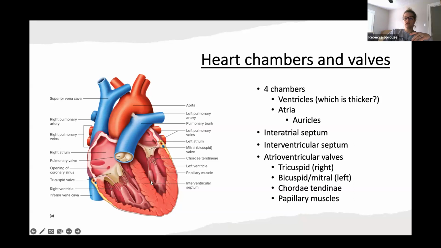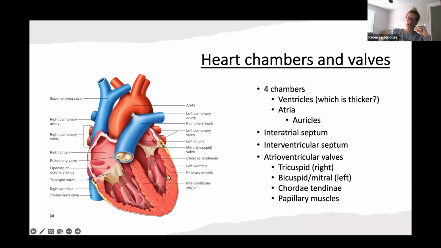Okay, and the interesting thing here is look at the myocardium of the right ventricle and look at the myocardium of the left ventricle. So in the first slide, I talked about the purpose of each half of the heart. So this half right here is the right side. This half is responsible for pumping blood to the lungs, deoxygenated blood. This side of the heart is responsible for pumping oxygenated blood out to the body.